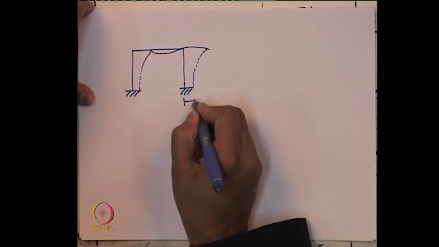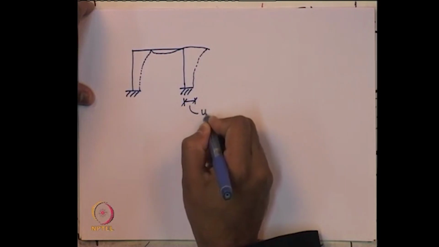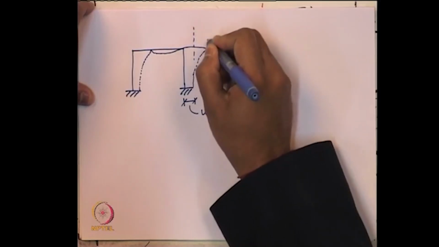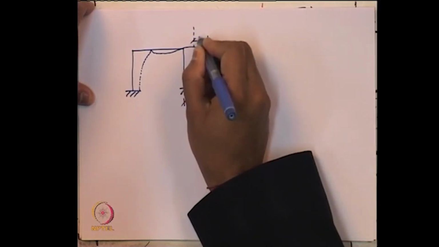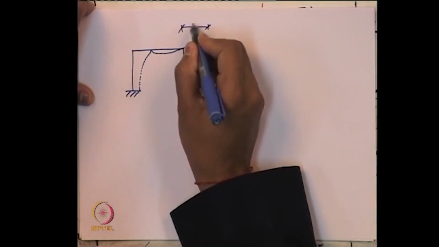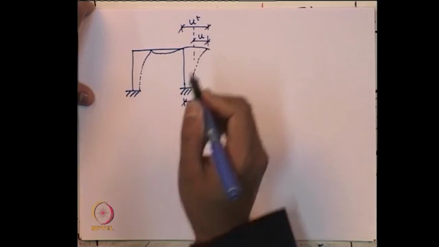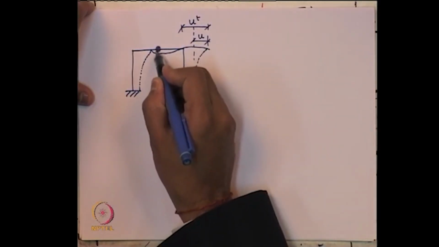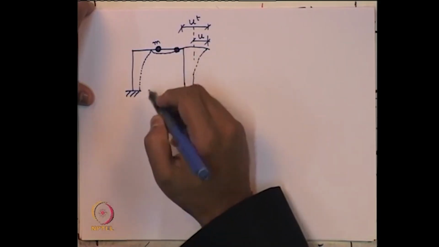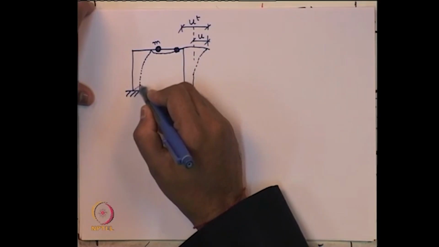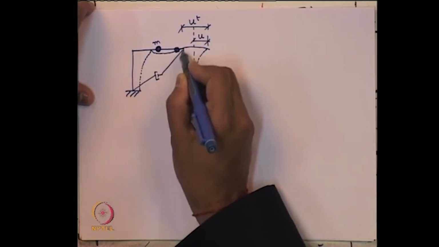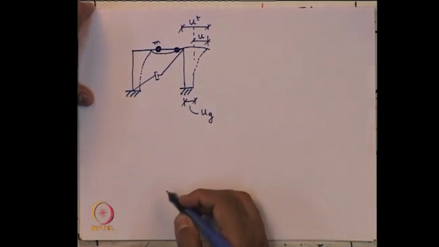We have taken this as u g, ground displacement. This we have taken as relative displacement u, and this much as u t, total displacement, and the mass was initially concentrated over here, that has moved to this place, and it was connected through a damper originally. We have seen this damper, and stiffness is coming from the column.